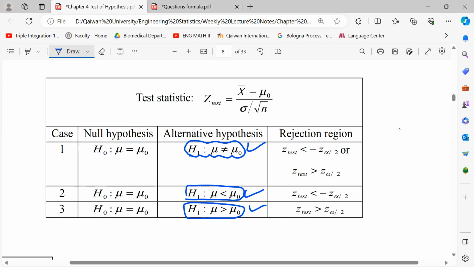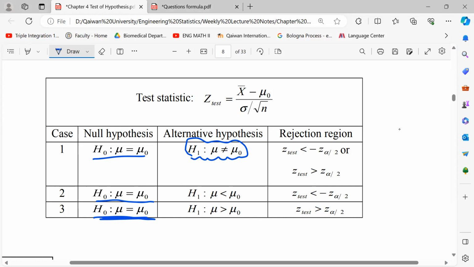In the hypothesis of the mean, we always say H0 is the case that mu equals mu naught, and H1 is different. If mu equals mu naught, how many more cases do we have? We say mu is greater than mu naught, mu is less than mu naught, and generally mu doesn't equal. We have these three cases. In the first case, we say H1 is mu doesn't equal mu naught. That is a case of an alternative hypothesis.